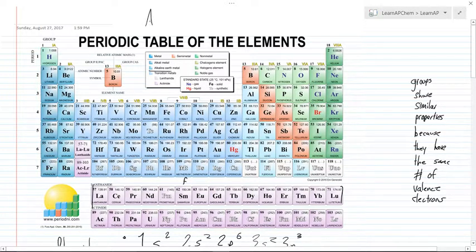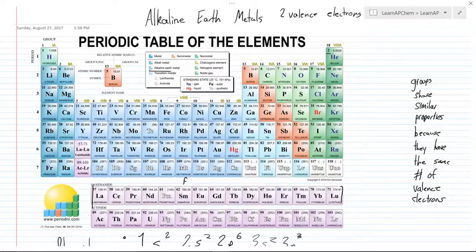Group 2 is the alkaline earth metals, and these have 2 valence electrons. Now, helium also has 2 valence electrons, but there's a very important difference between the alkaline earth metals' 2 valence electrons and helium's. And that's that helium's 2 valence electrons are a full orbital.